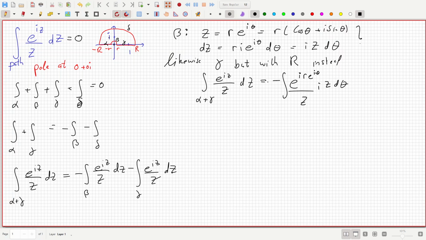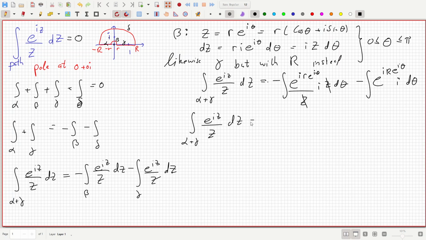Oh, I should mention, of course, that θ goes from 0 to π because it's a half circle. The z's cancel. The next one is basically the same, except it's replaced with the bigger r. Again, the z's cancel, dθ. Okay, so the integral alpha plus gamma of e^(iz)/z dz equals.